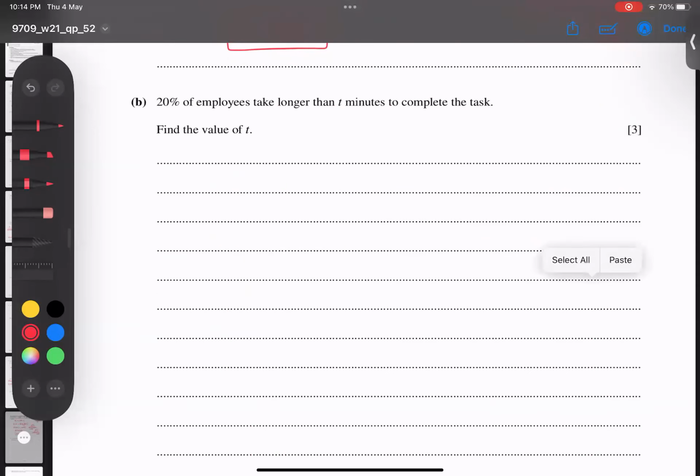Next question, we have 20% to find. 20% of the employees take longer than a certain time. So the time is longer than T, and 20% of employees do. What is the formula, students? When I convert to normal form, I always write Z equals T minus mean, divided by deviation.